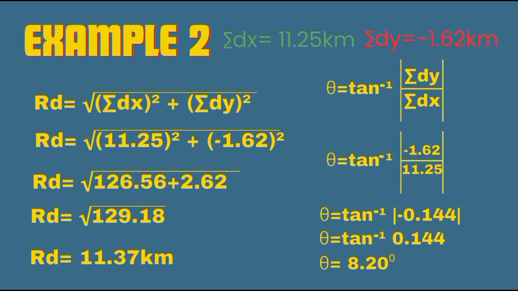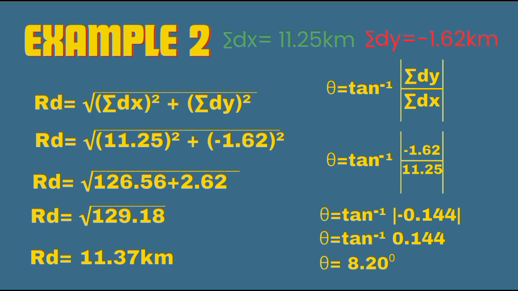So 11.25 squared plus negative 1.62 squared is equal to 126.56 plus 2.62. So you will square root it, 129.18, and the answer will be 11.37 kilometers. So the radius will be 11.37 kilometers.